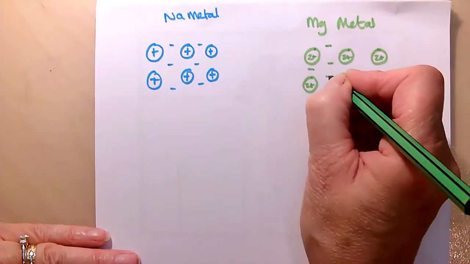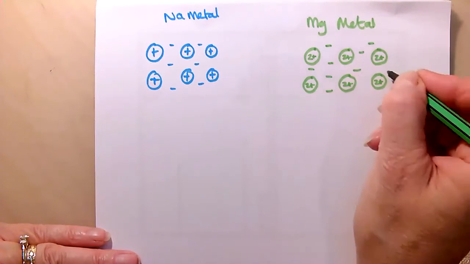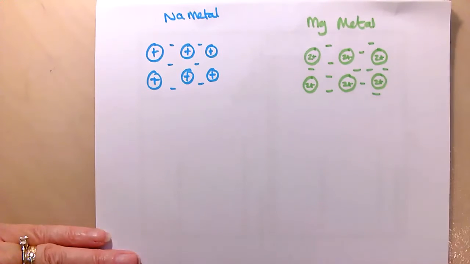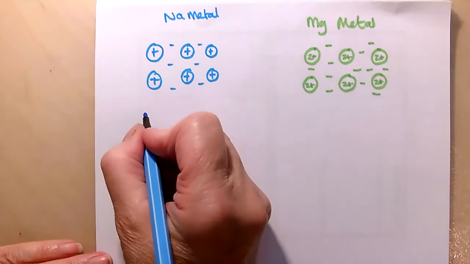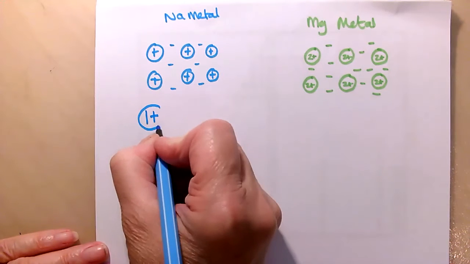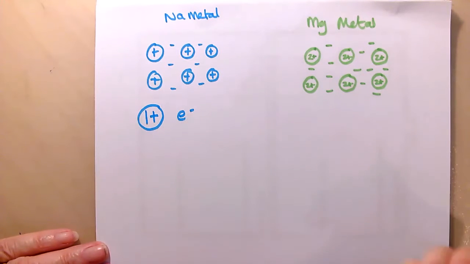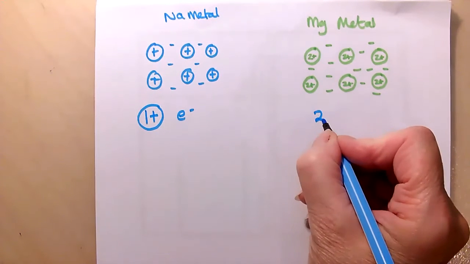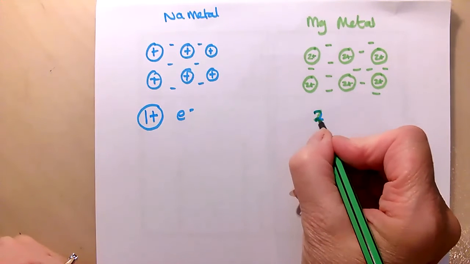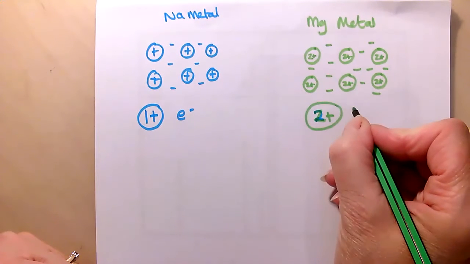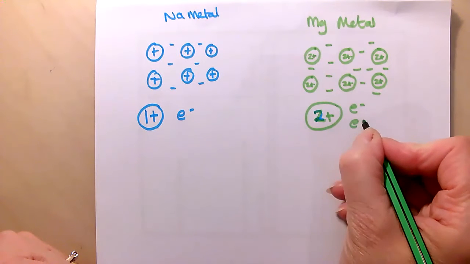So here I've got a 1+ charge and I've got an electron, whereas here, in green, I've got a 2+ charge and I've got 2 electrons.